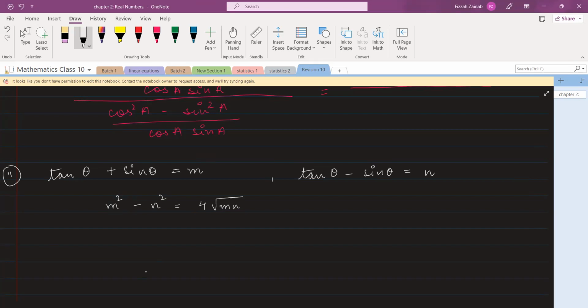So first let us put the values here. If I solve this m square minus n square, let us see what we get. So I put tan theta plus sine theta whole square minus tan theta minus sine theta whole square.